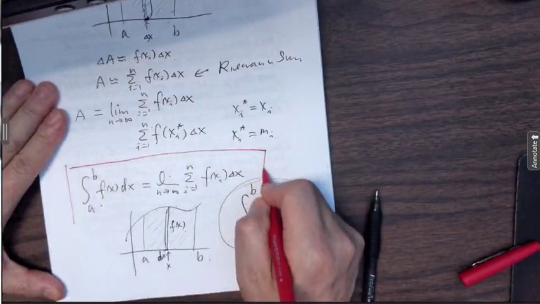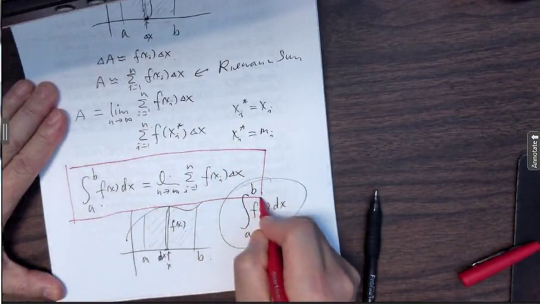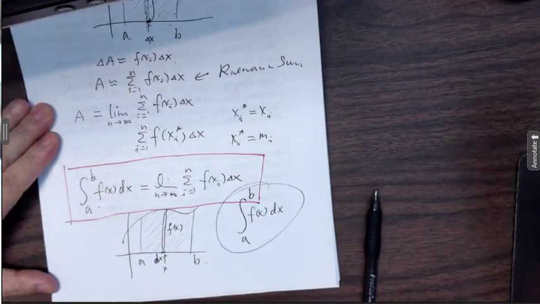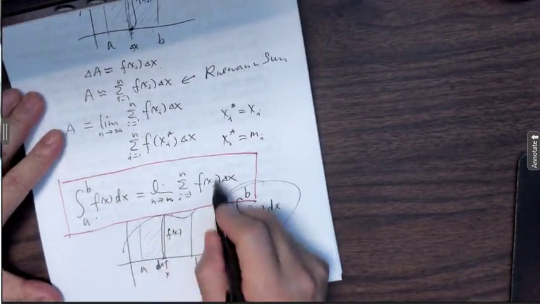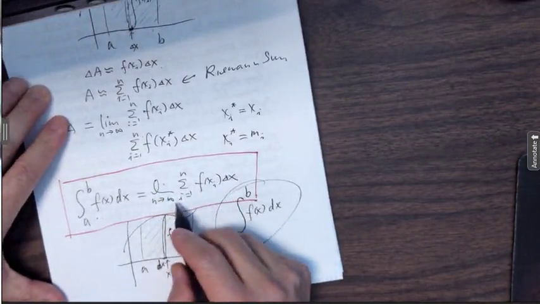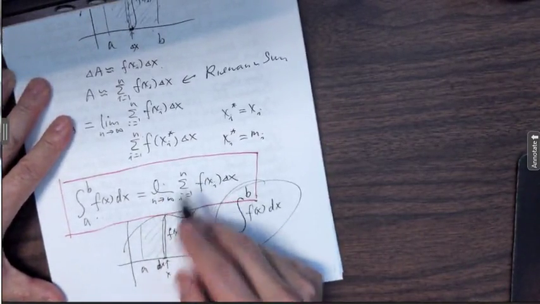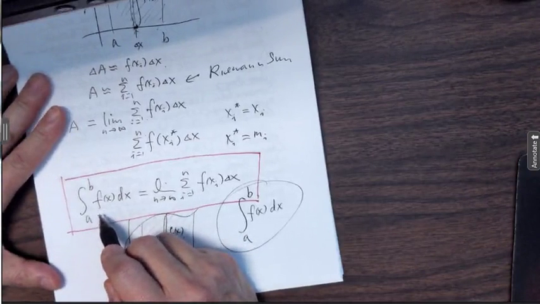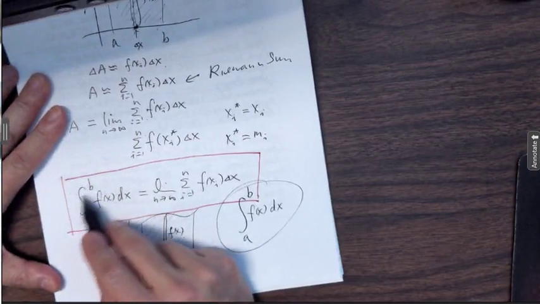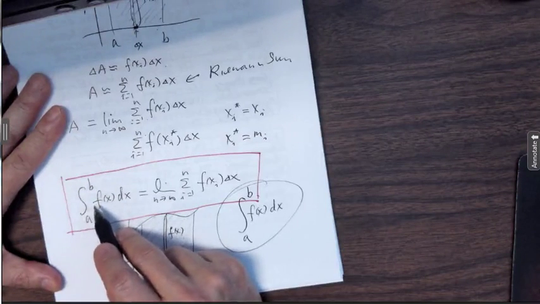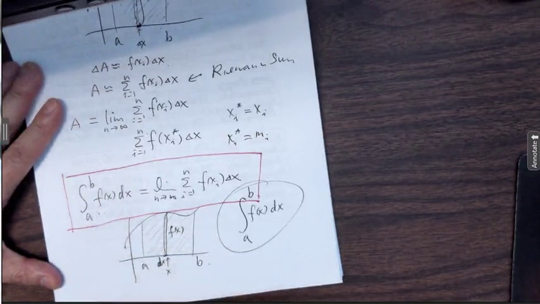It also presents to us a formula that we use to evaluate such a complicated limit expression, because as you recall in Calculus 1, there's a different, much simpler way to evaluate a definite integral.